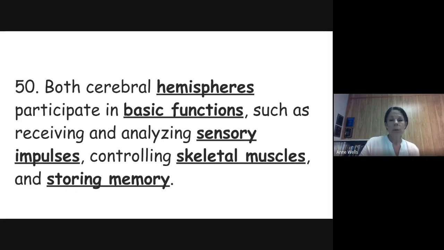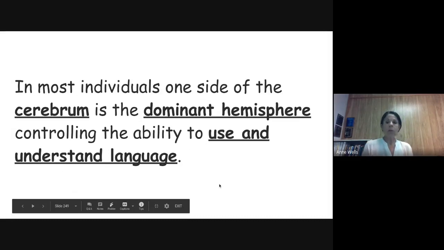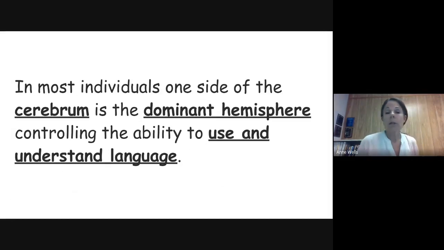Note number 50. Both cerebral hemispheres participate in basic functions such as receiving and analyzing sensory impulses, controlling skeletal muscles, and storing memory. In most individuals, one side of the cerebrum is the dominant hemisphere, controlling the ability to use and understand language.